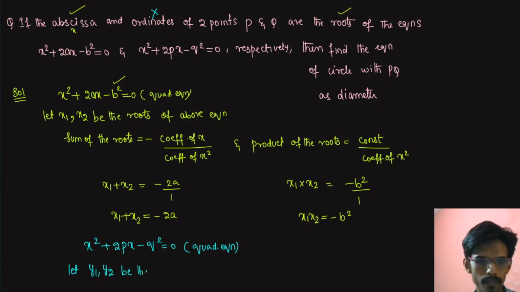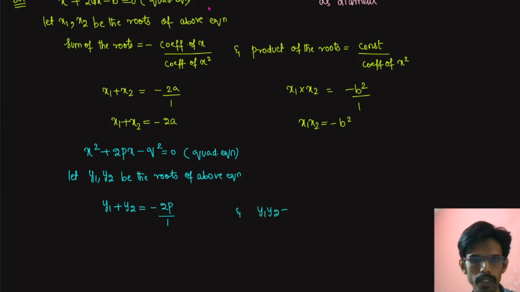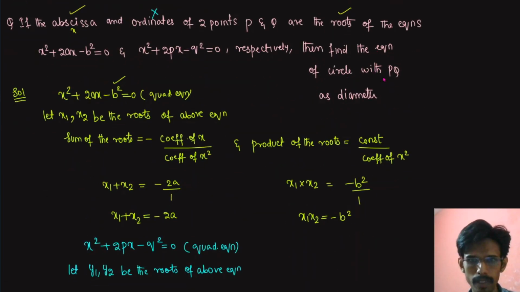So the sum of the roots will be y1 plus y2 is minus 2p by 1. Similarly, the product of the roots will be y1 into y2 is minus q square by 1. Now he said find the equation of the circle with PQ as diameter.